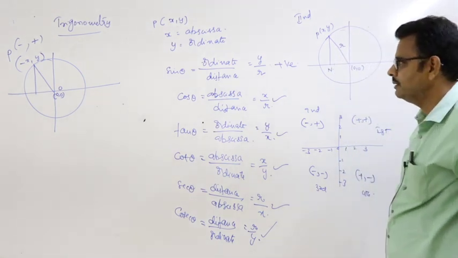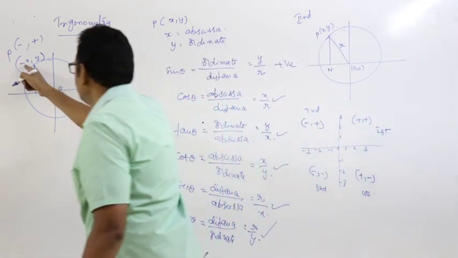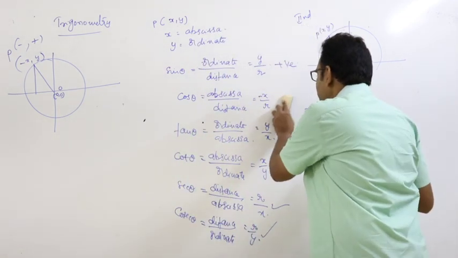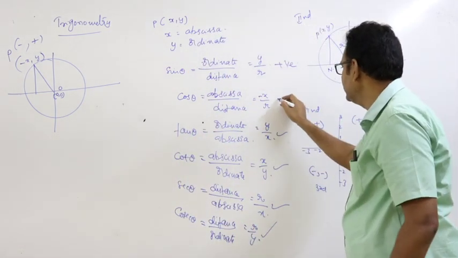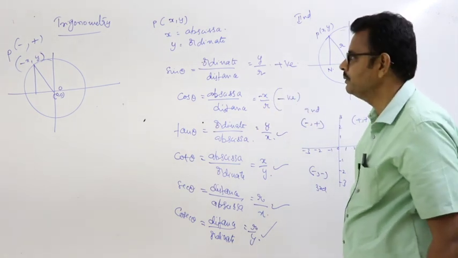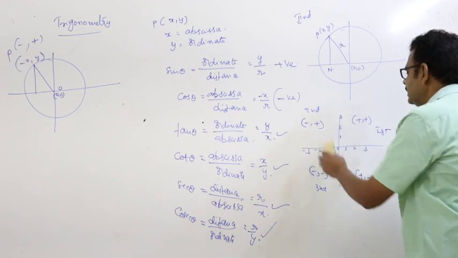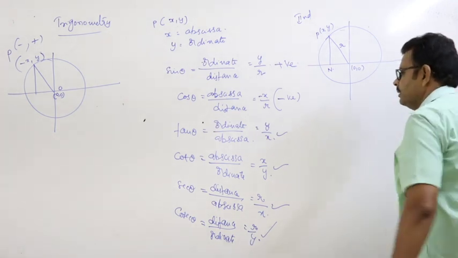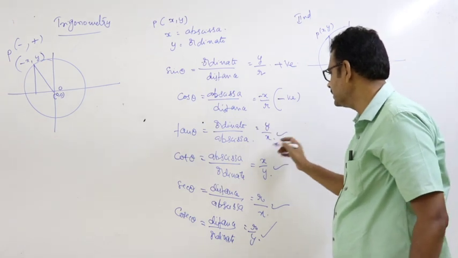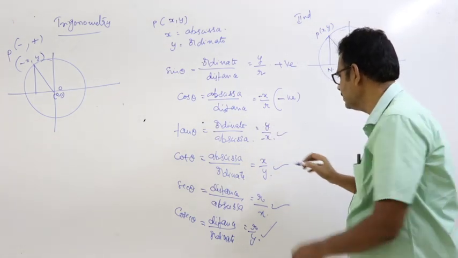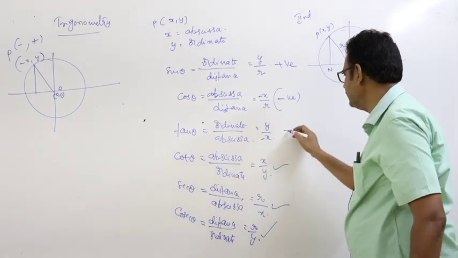Cos theta. So this is what? Abscissa is minus x by r. That is negative. Minus x is negative. Second quadrant. So tan theta is y by minus x. Y is positive and this is minus x. That means it is negative.